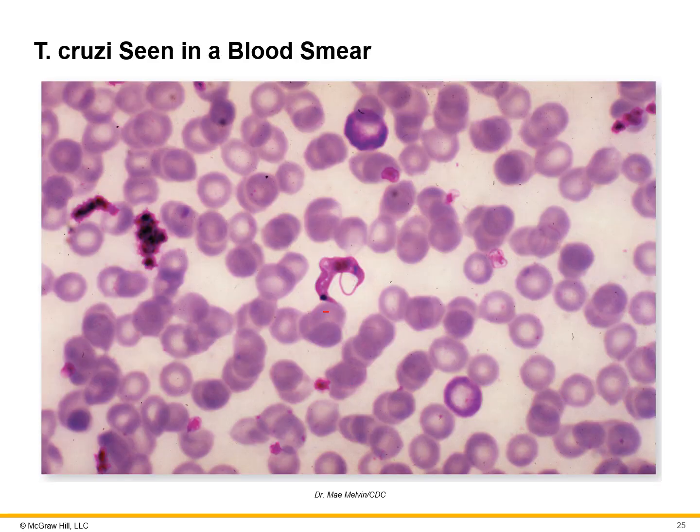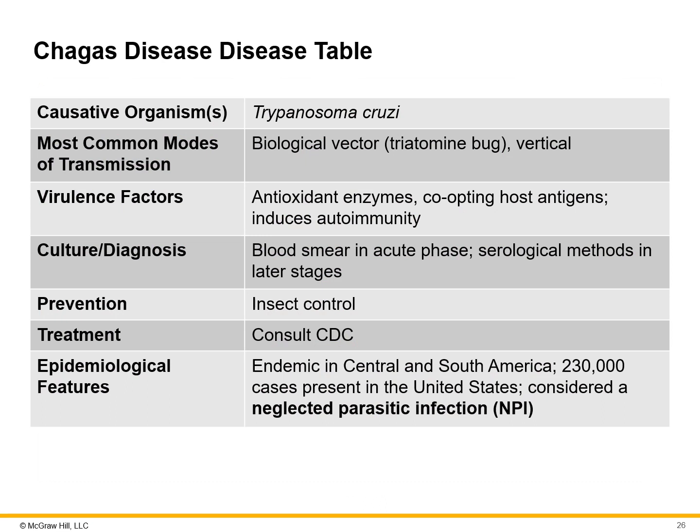Again, here is this flagellated protozoan in a blood smear that we can see. Again, looking here at our table, it is transmitted by a triatomine bug, and also vertical, so from mom to infant.